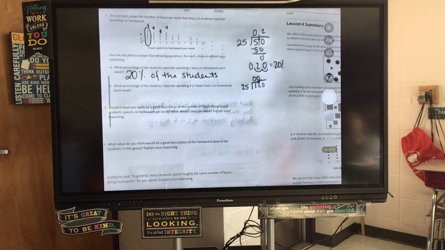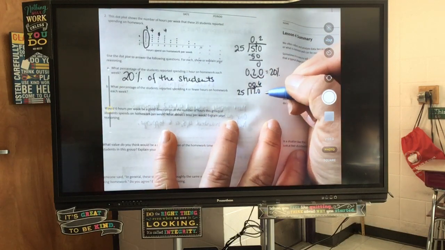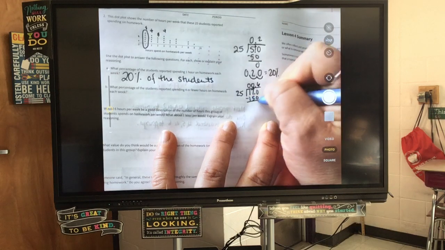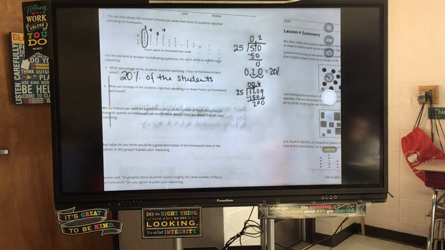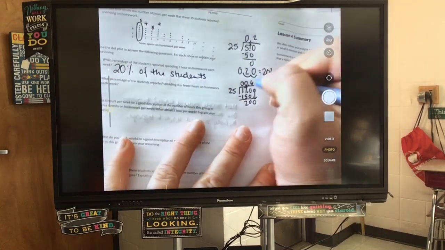If you don't know, do the math on the side of your paper. Andrew, what is 6 times 25? I'm gonna do minus 150, which is going to give me 20. I'm gonna add a 0. How many times does 25 go into 200? 8 times.